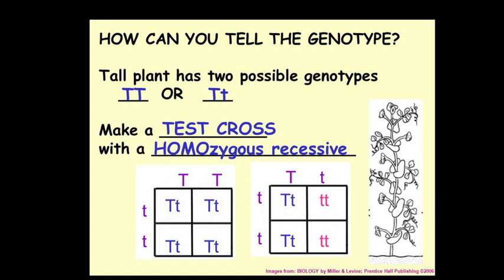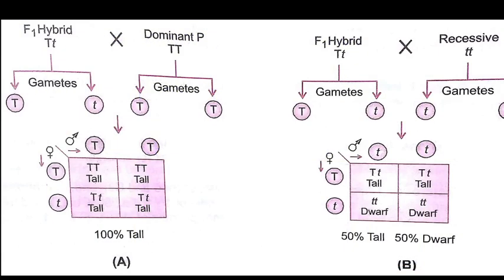And when we cross the F1, capital T small t, with the recessive plant, we get capital T small t and small t small t, so there are heterozygous tall and recessive plants. In the same way, when we cross capital T small t with capital T capital T, the offspring are capital T capital T and capital T small t.